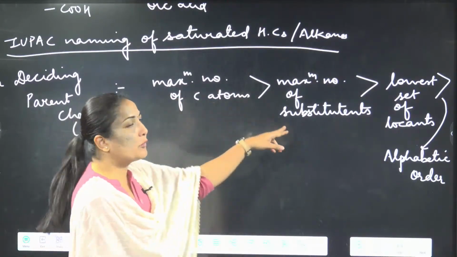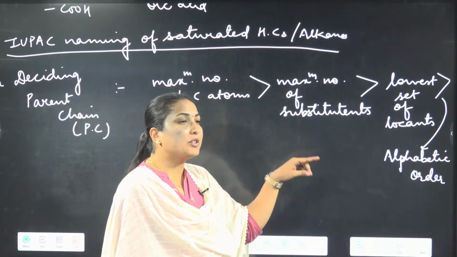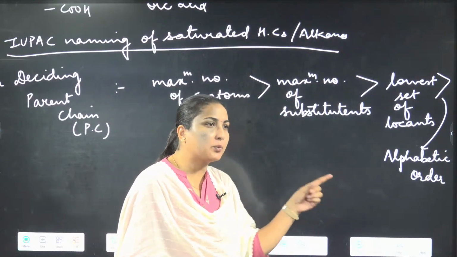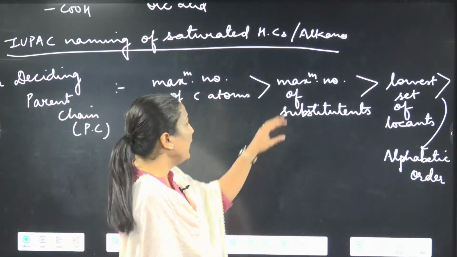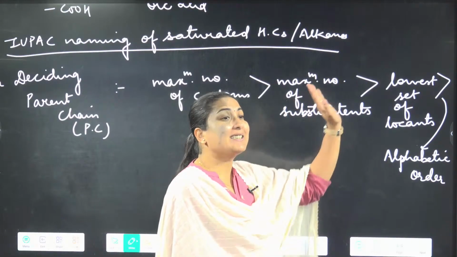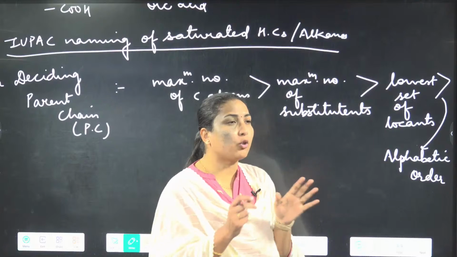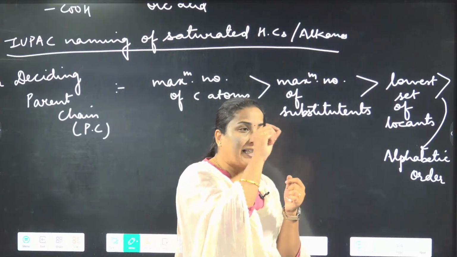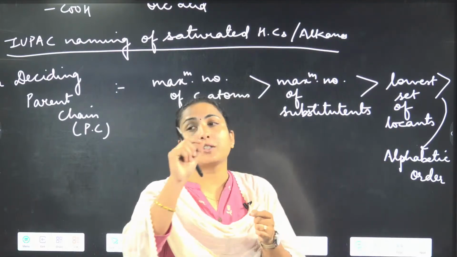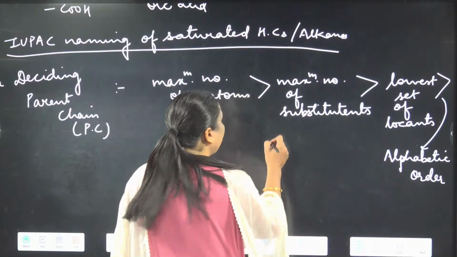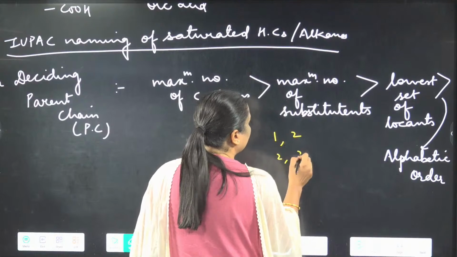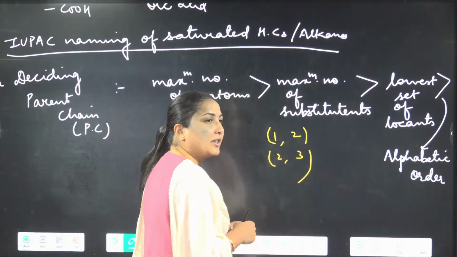In that case, the one which has the maximum number of substituents will become your parent chain or the principal chain. If that is also the same, then you have to go for the set of locants. Set of locants means those numbers which define the position of the substituents. So if I have somewhere 1, 2 and somewhere 2, 3, this is one set and this is another set.